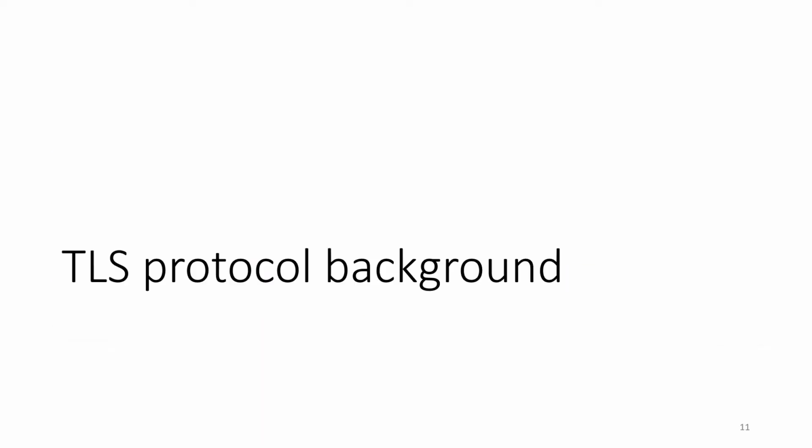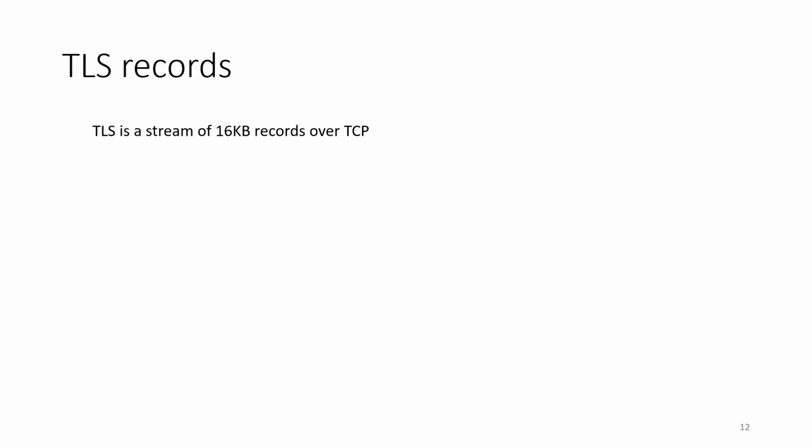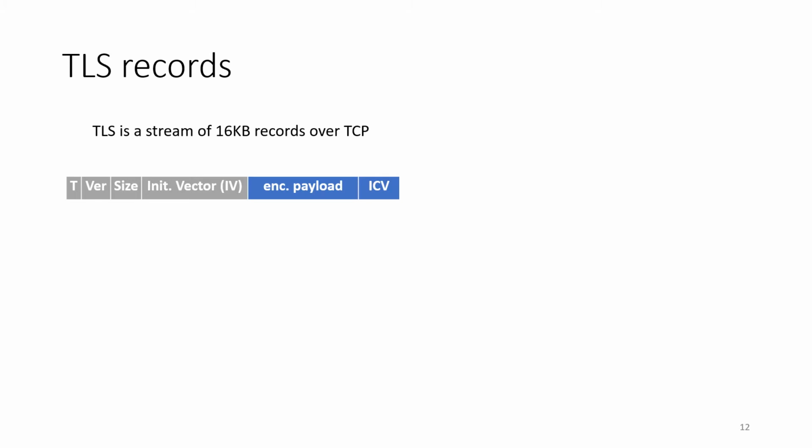To understand autonomous offloads better, we present some background on the TLS protocol. TLS is a layer 5 protocol that encapsulates user data in records of at most 16 kilobytes. Each record has its own header and trailer.